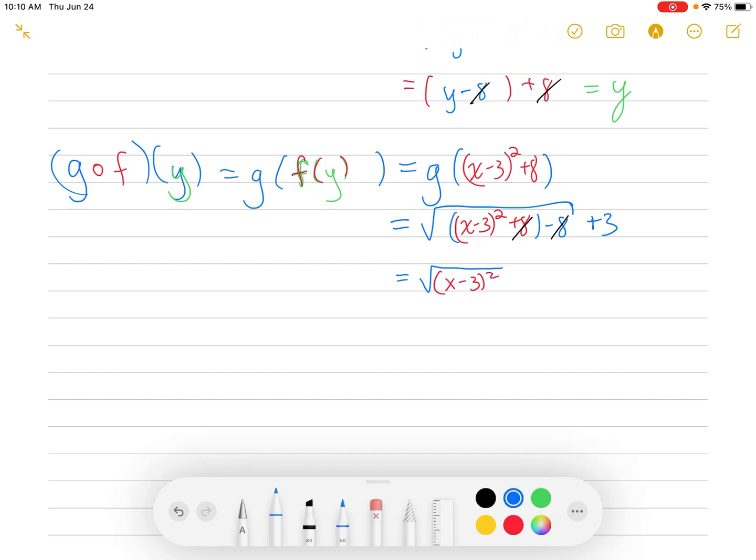So what happens, well, we can cancel out the 8 and the minus 8, and we have the square root of x minus 3 squared, and outside plus 3. And then basically the square and the square root are going to cancel under the circumstances that have been set up for us, and we're going to have x minus 3 plus 3, and then the minus 3 and the plus 3 cancel, and we get simply x.